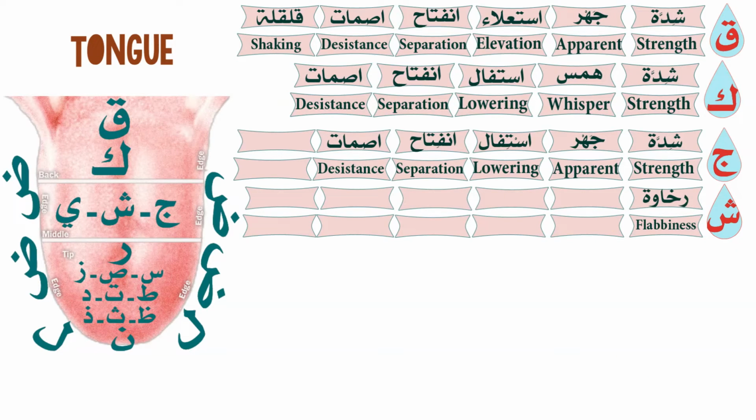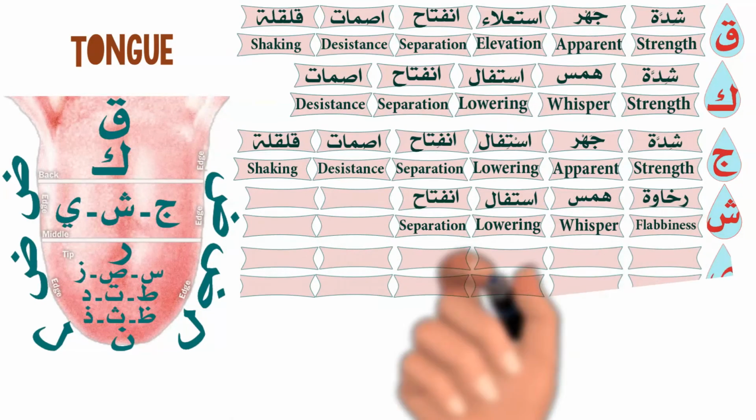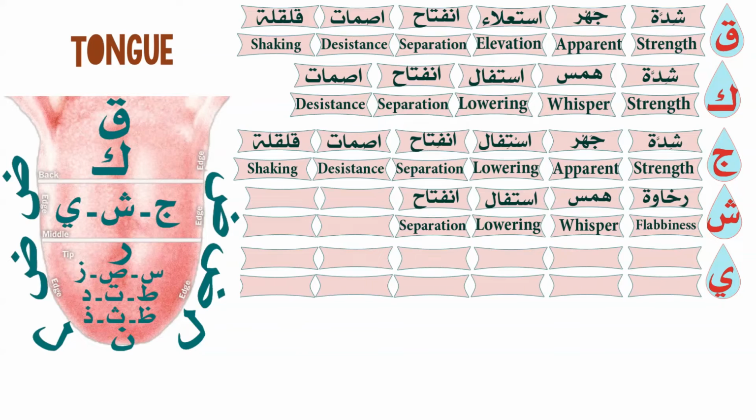While the shin has رخاوة, floppiness, همس, whisper, استفال, lowering, انفتاح, separation, إصمات, resistance, and the shin, if you remember, has تفشي, spreading, one of the characteristics without opposites.